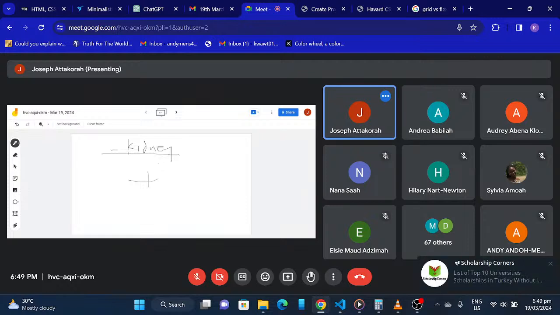Can you hear me? So the kidneys can also help in excretion of urea. So that is part of what? The waste. Are you getting me? Yes, it's part of the waste that should be excreted from the system.